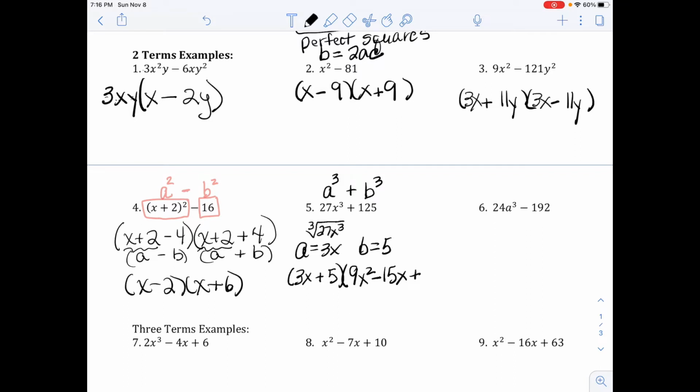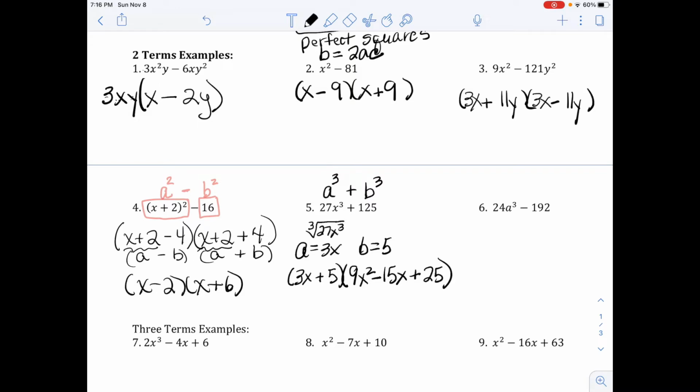And then I have to add b squared, and that's 25. And that is applying the pattern. That's a pattern that you just have to become familiar with. You can have it written down wherever you want when you're working on it, and when you're taking your quiz, you can have it written down, okay?